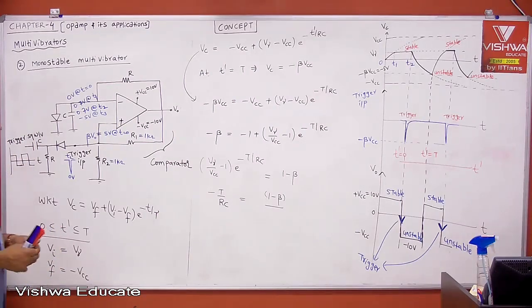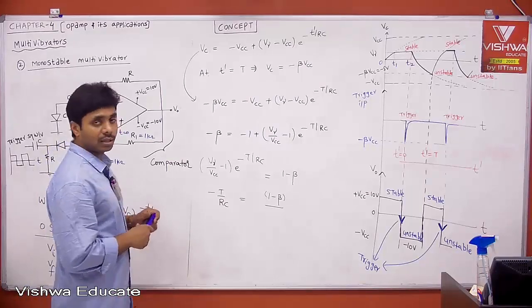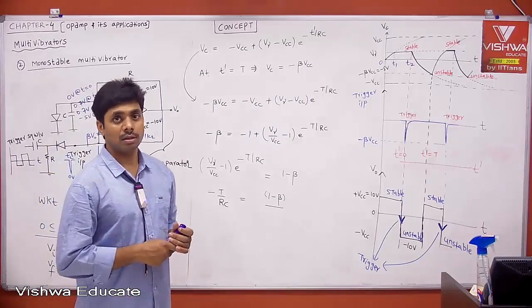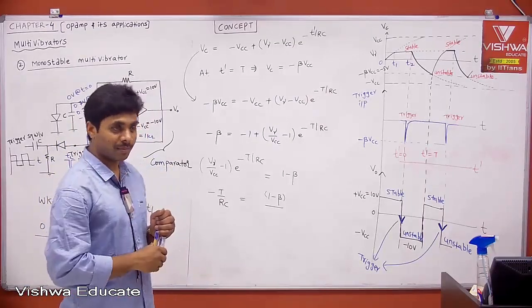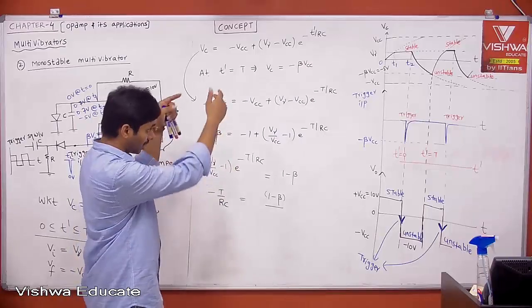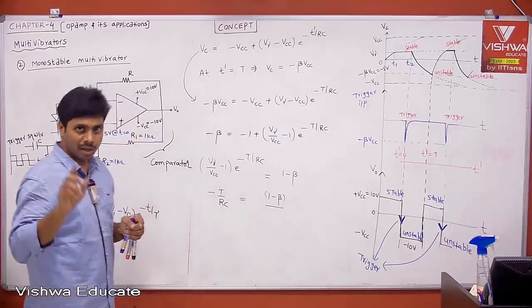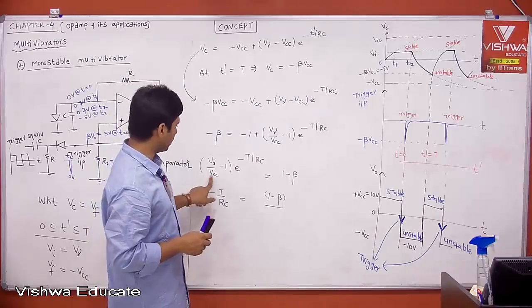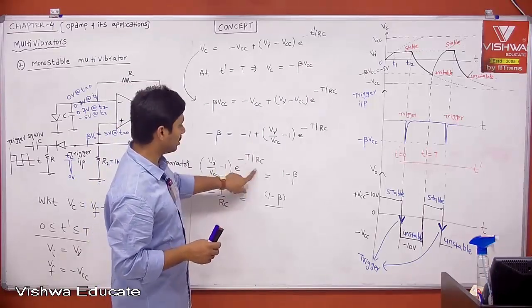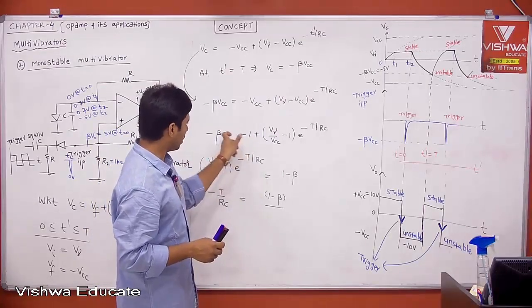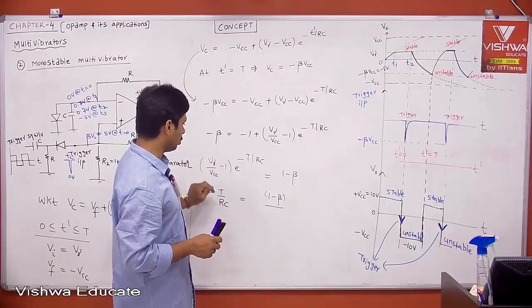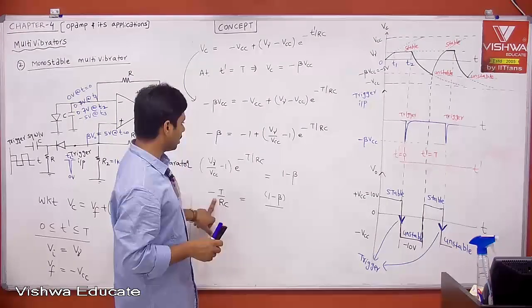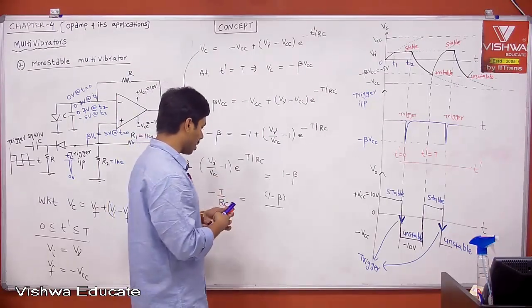Therefore, now V gamma by VCC, is there anything wrong? I will tell you. Maybe if you do the quantitative analysis, that is fine, but I'll explain. Therefore, (V gamma by VCC minus 1) into e to the power of minus T by RC is equal to 1 minus beta. Then e to the power of T by RC equals (1 minus beta) divided by (V gamma by VCC minus 1).